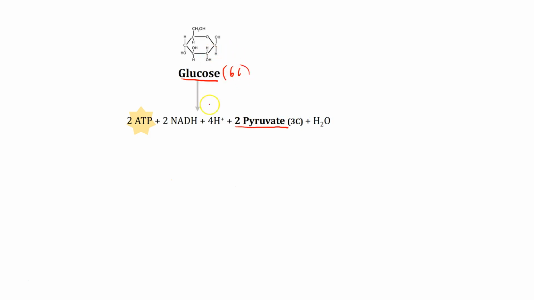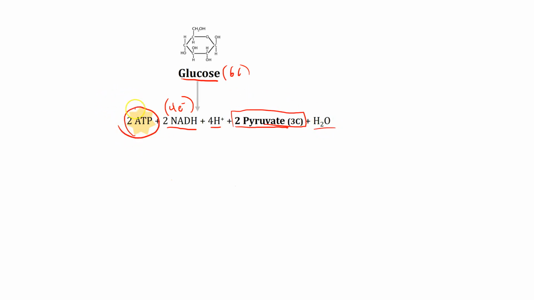Okay. And what's happening is you're also making NADH, and you're also making 4 hydrogen ions. So 2 NADH is the same thing as 4 electrons. So you've taken glucose, you've stripped off 4 electrons, you've stripped off 4 protons, and the result is that you ended up with some pyruvate, and you got a little water as a byproduct, and you've also made some ATP.